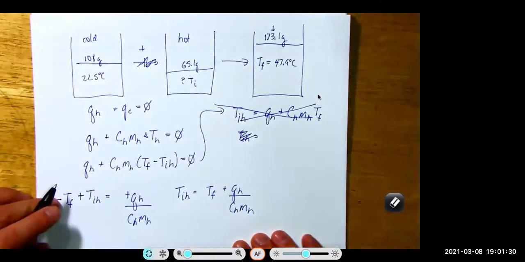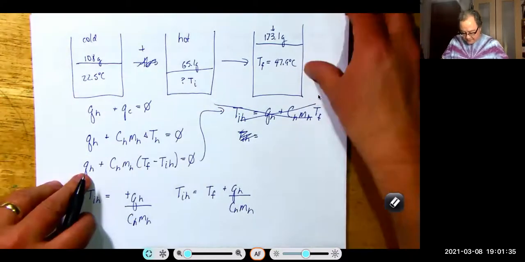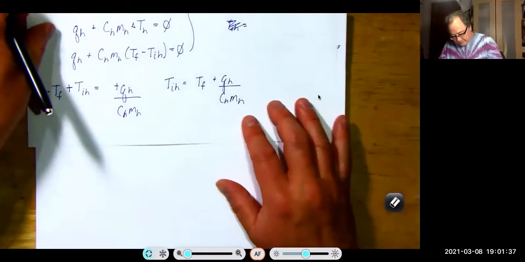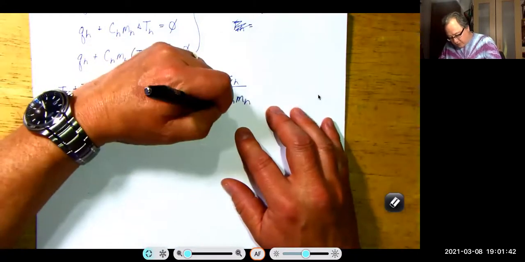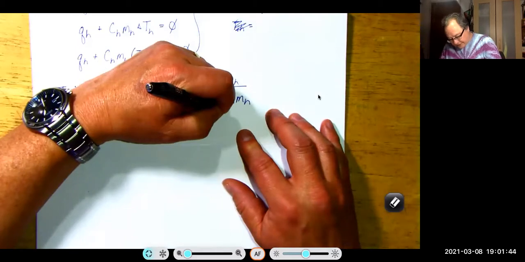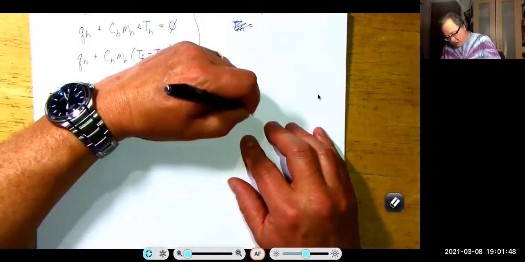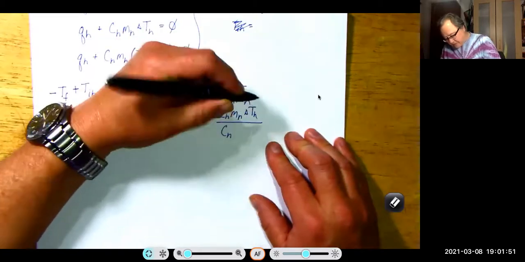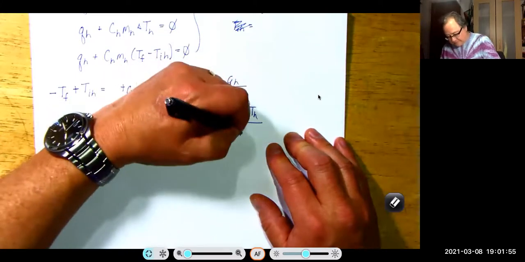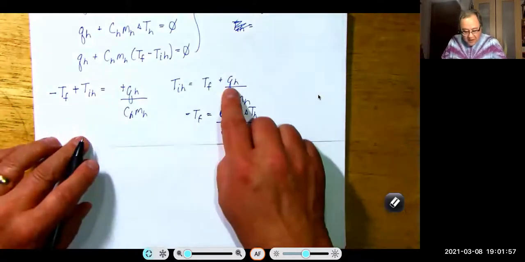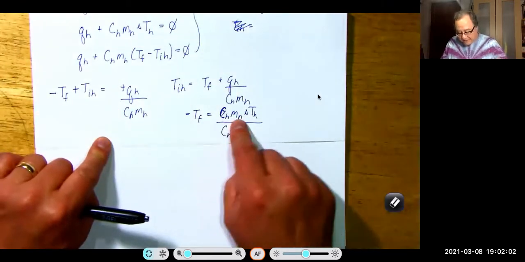Right. Okay, but now we got to expand this just a little bit more. And here's what I mean. We get T final is Q is C of the hot, mass of the hot, change in temp of the hot, over C of the hot, mass of the hot. So I expanded Q of the hot to be C M delta T basically.